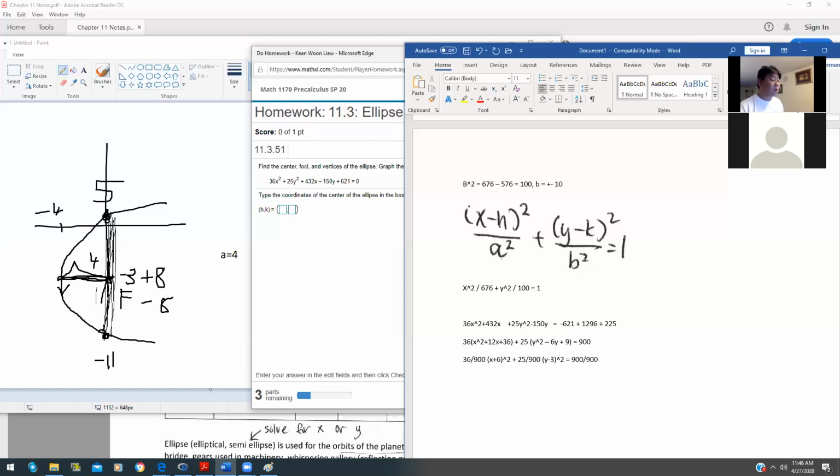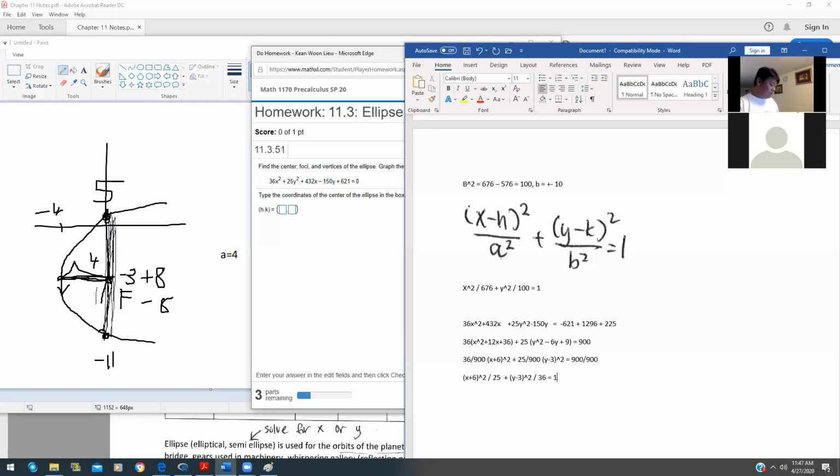This is actually 25. So your new ellipse is x plus 6 squared over 25. And then 900 divided by 25 is 36. So you will get y minus 3 squared over 36, and this equals 1.